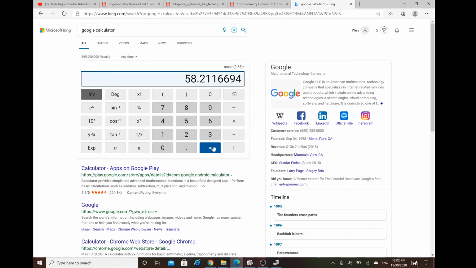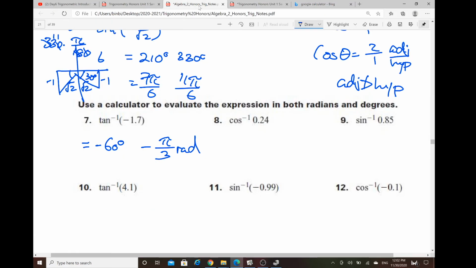It's about 58.2, so round it up, 58 degrees. And then convert that to radian, multiply by pi over 180. Dividing by 2 on top and the bottom, 29 over 90. So it's 29 pi over 90 radian.